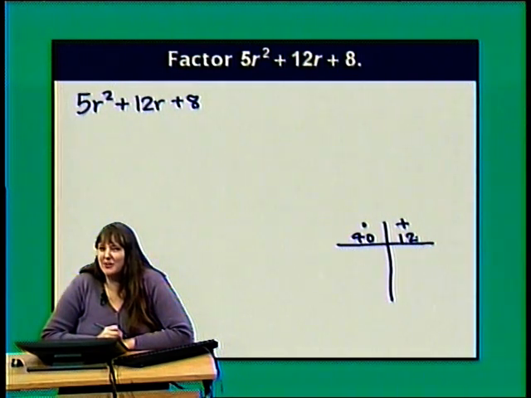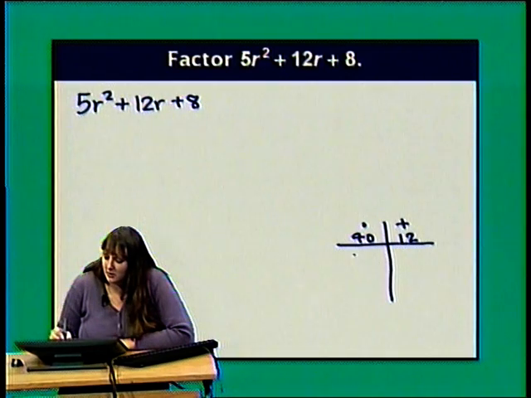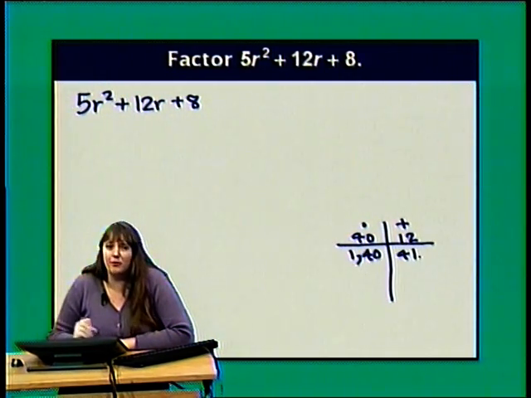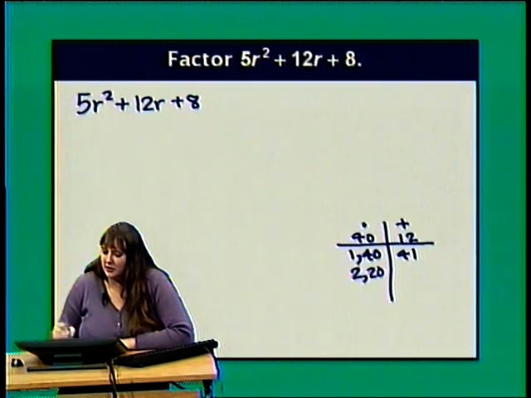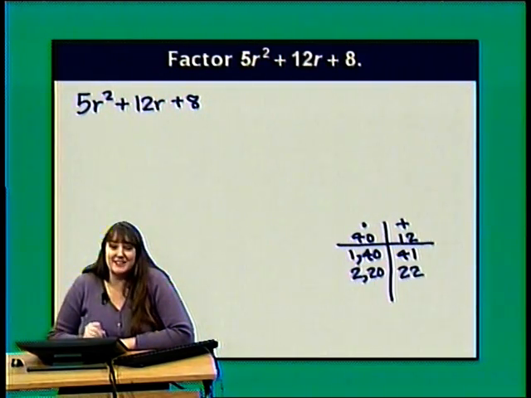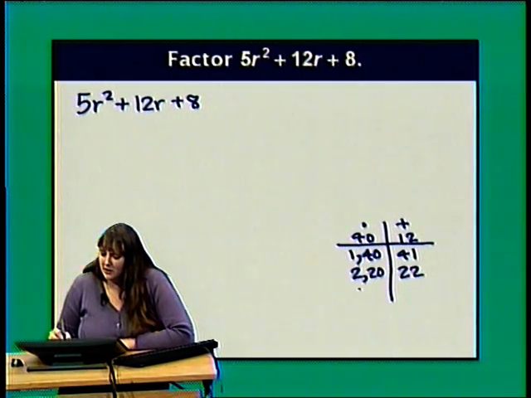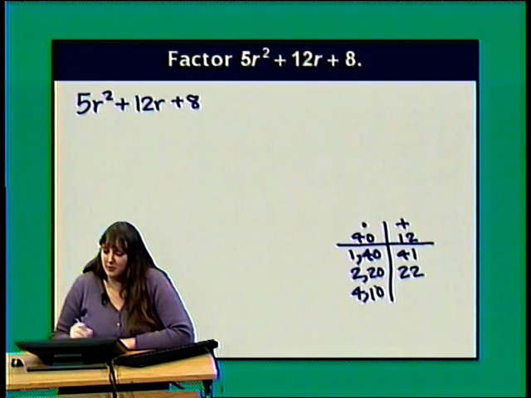Well, I'm not coming up with anything quickly, so let's make an organized list here. Of course, 1 and 40 multiply to 40, but that gives me a sum of 41, not 12. 2 and 20 have a product of 40. That sum, though, is 22. 3 doesn't go into 40. 4 and 10 multiply to 40.